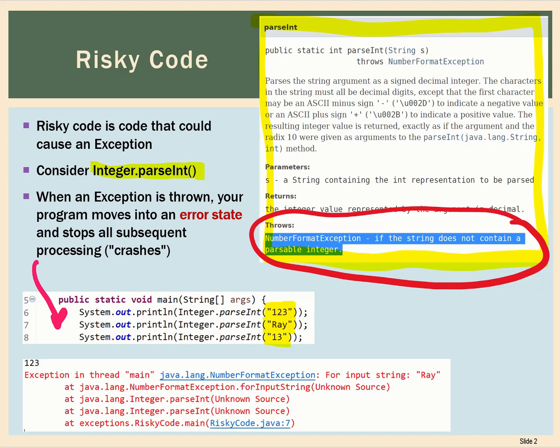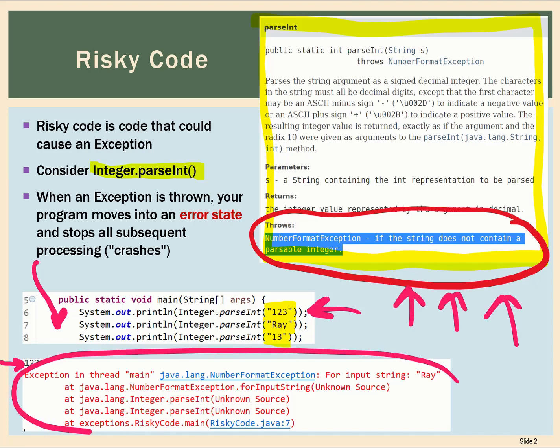When this program is run, you'll notice that the first invocation, which prints out 1, 2, 3, works. But then when it tries to parseInt for "ray", it does not work. In this particular case, this error message, this exception, is thrown, and you get this result.